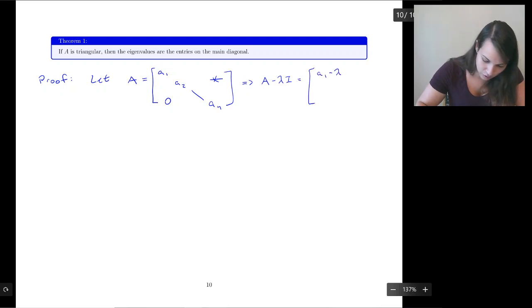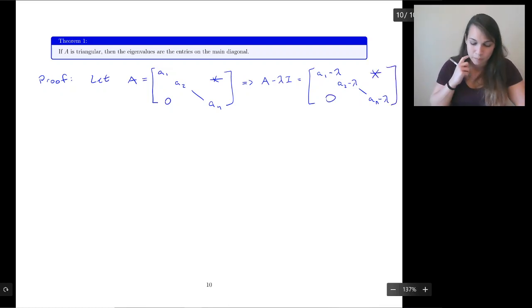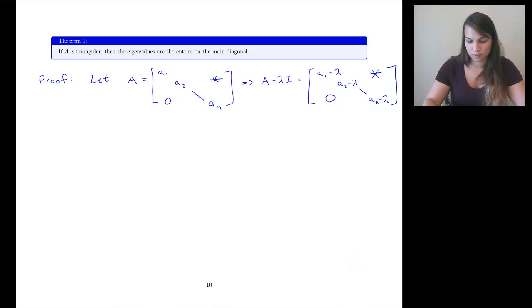You just take the diagonal, you subtract off lambda, and then up here is a bunch of entries we don't know, but the bottom part is all zeros. Remember, that's triangular, you've got zeros on the bottom. Okay, what's cool about this is we've got echelon form.